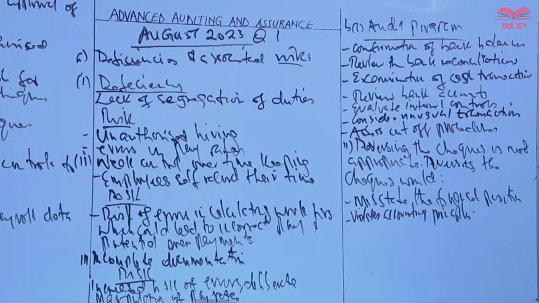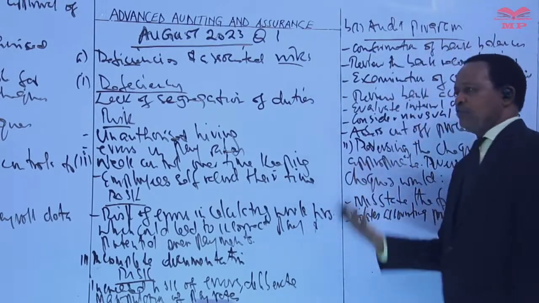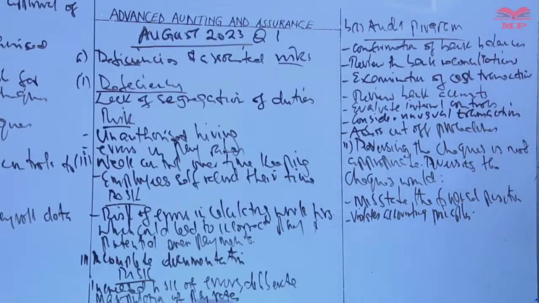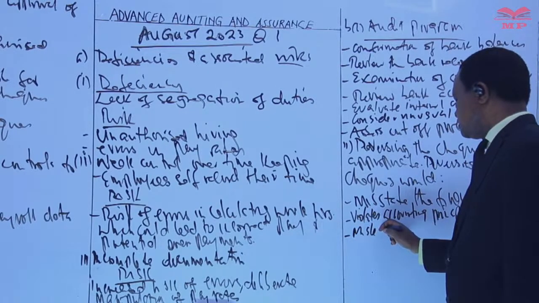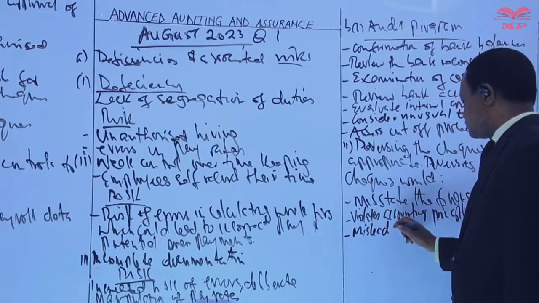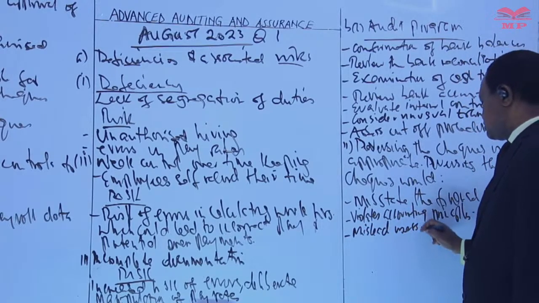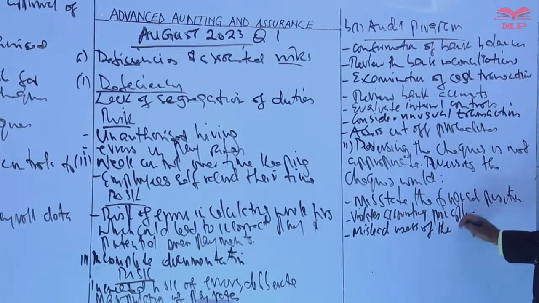How does it violate accounting principles? It would not accurately reflect the economic substance of the transactions. The economic substance of the transaction will not be stated, and that would potentially mislead users of the financial statements.